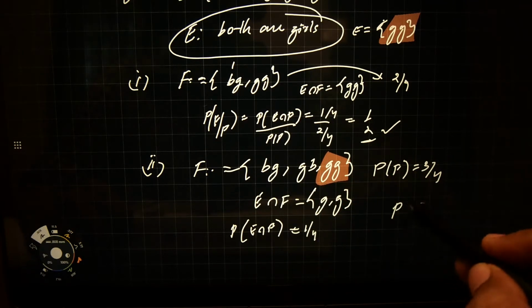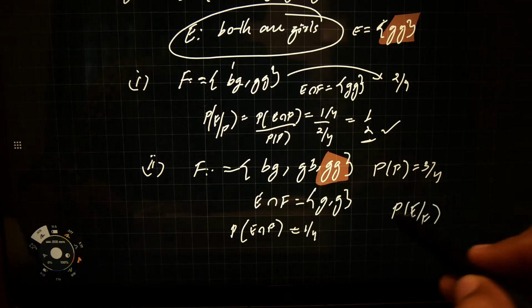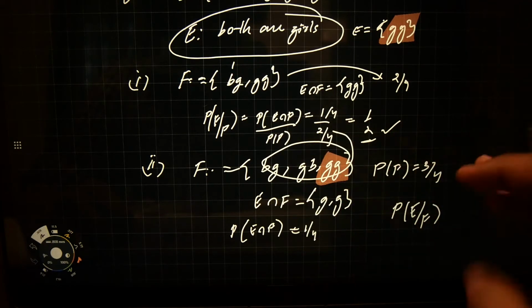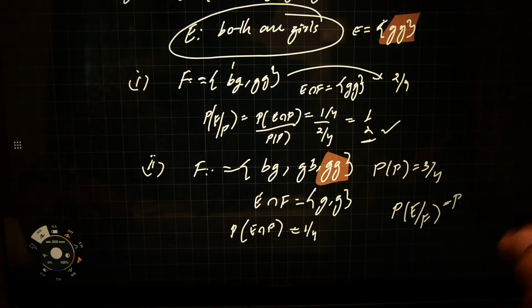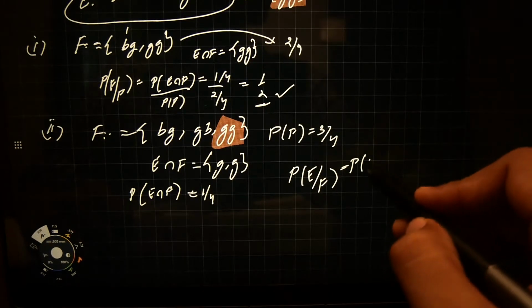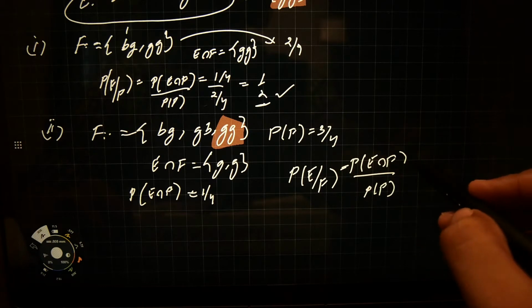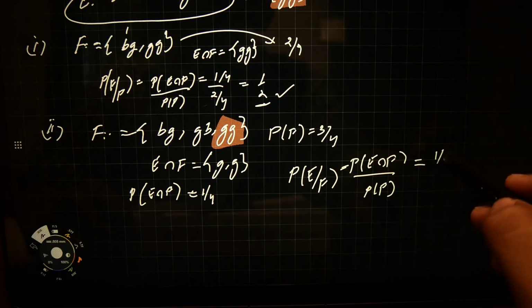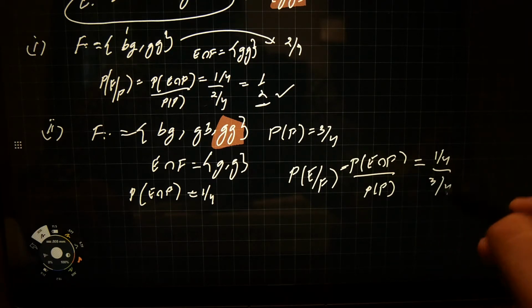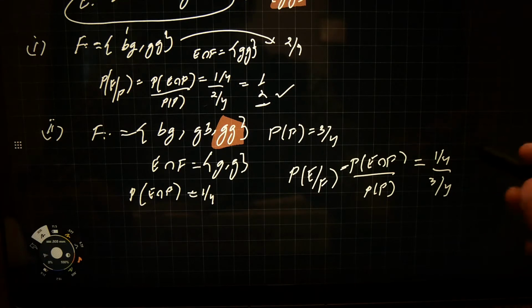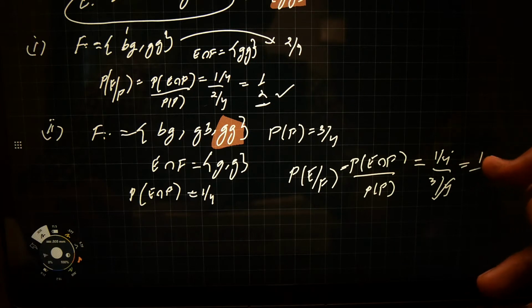Now P of E given F is P of E intersection F divided by P of F, which is 1 by 4 divided by 3 by 4, and this cancels. Your answer will be 1 by 3.